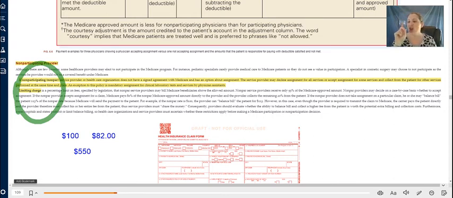Medicare says, no, not okay with us. You will not take advantage of our elderly population. What we will do, though, if you don't like that 82 amount, okay. We will let you make 115%.